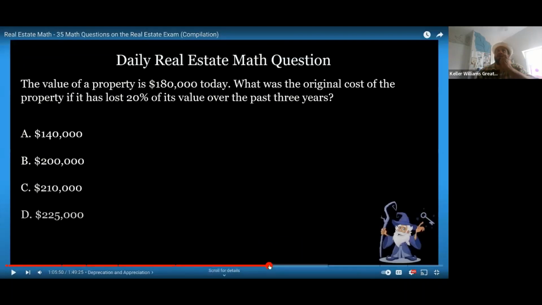All right. The value of a property is $180,000 today. What was the original cost of the property if it has lost 20% of its value over the past 3 years? I thought this was going to be a harder question.